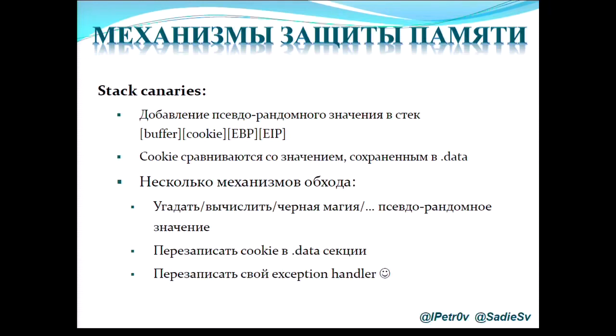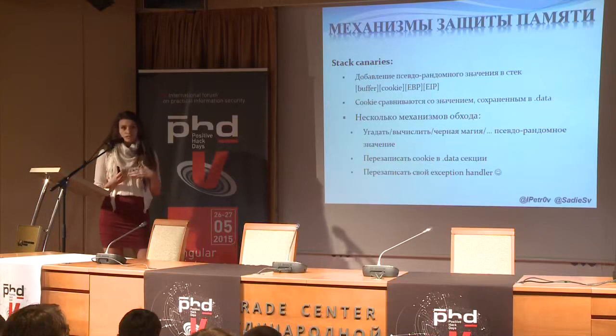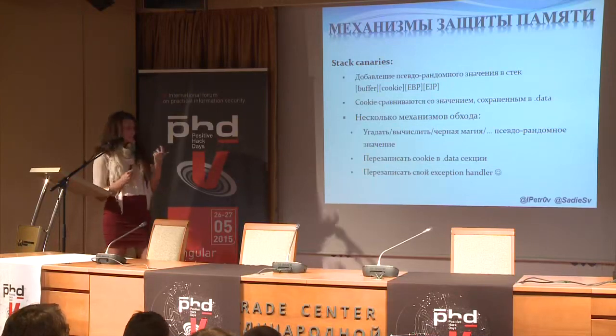Everything looks wonderful, but this is not a solution against shellcode, because first of all, you can calculate or find out these cookie values in some way. And I've seen situations when this was simply a static value or a certain constant that was used.